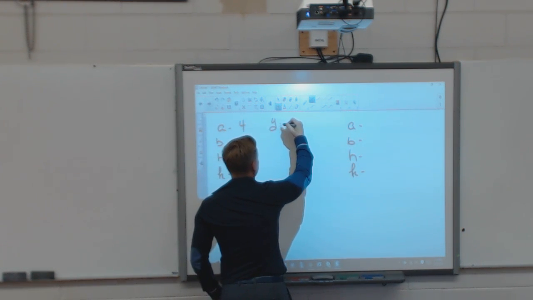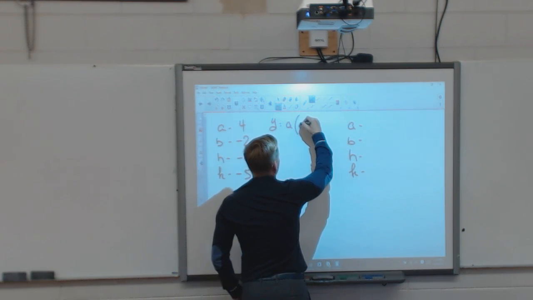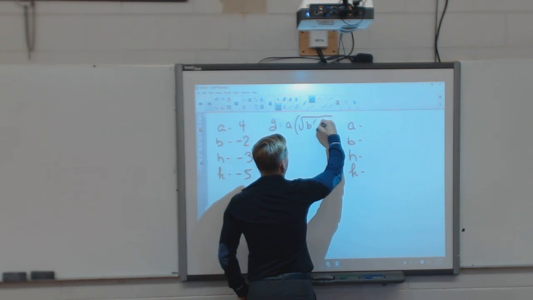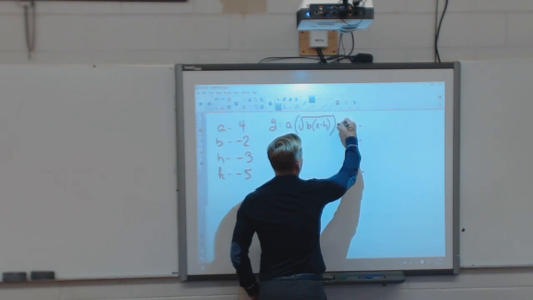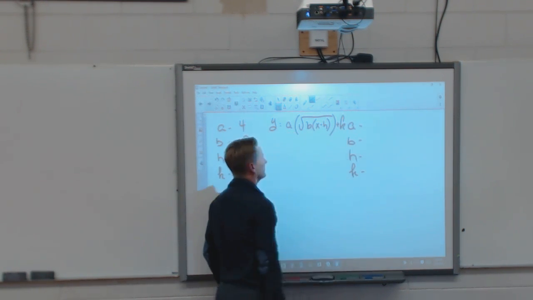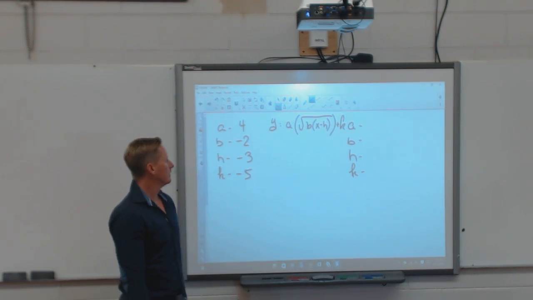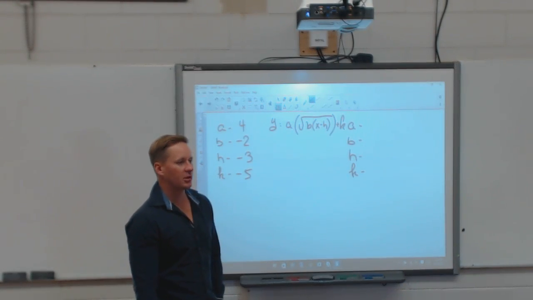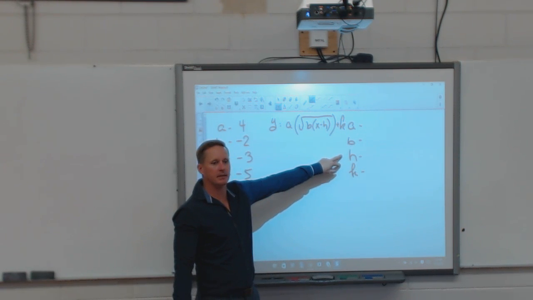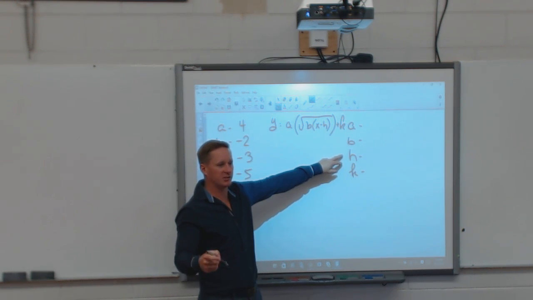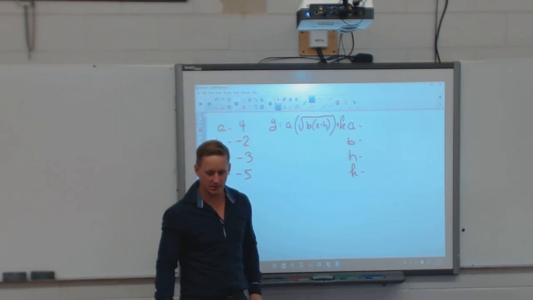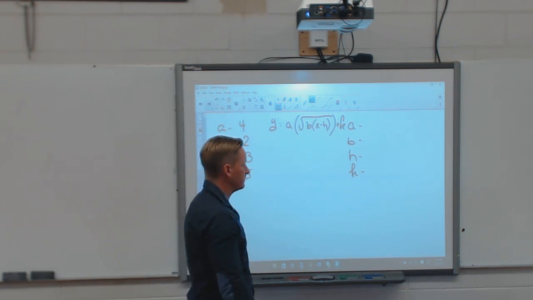So I've got y is equal to a square root of b x minus h, plus k, right? Just like that, correct? Okay, so what I'm going to start with is h and k. That's the easy guy. Because 0 and 0 is one of my coordinates, so find the starting coordinate on there, because that's where I moved it left and right. So what's this? 4 and 2?